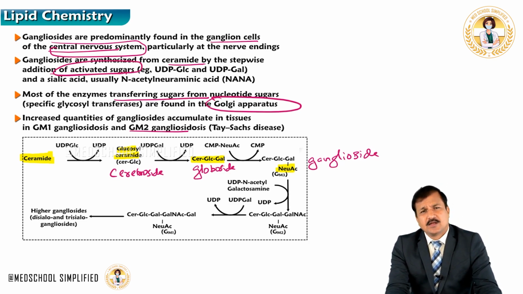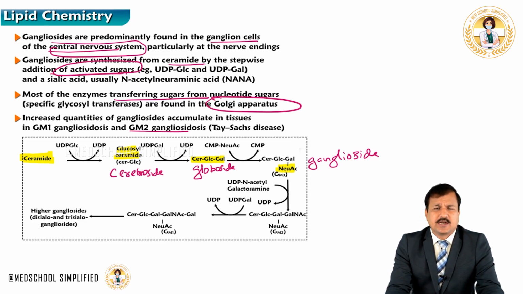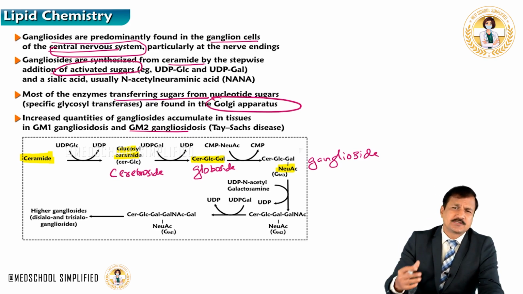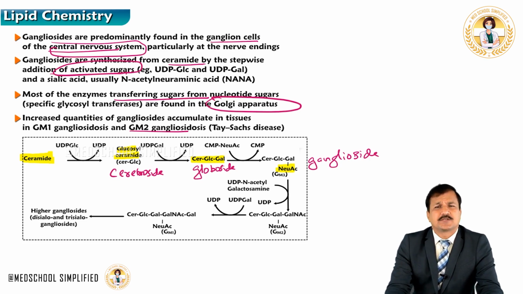And then to this cerebroside, if one more glucose or galactose is added, it becomes globoside. So globoside is ceramide plus disaccharide or oligosaccharide. And then to this globoside, if an N-acetyl neuraminic acid, that is sialic acid, is added, that becomes a ganglioside.